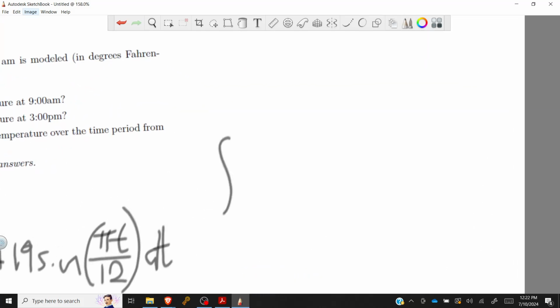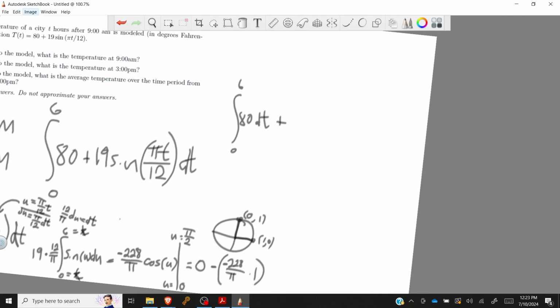So if you remember, we had that initial side of 80 dt plus, well, we just figured this out. We just figured out the right integral, which is a positive 228 over pi, because it's subtracting a negative. Then we can do this side.